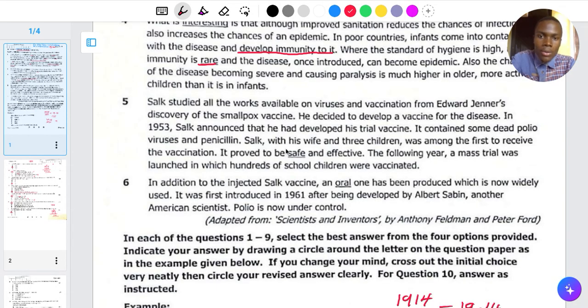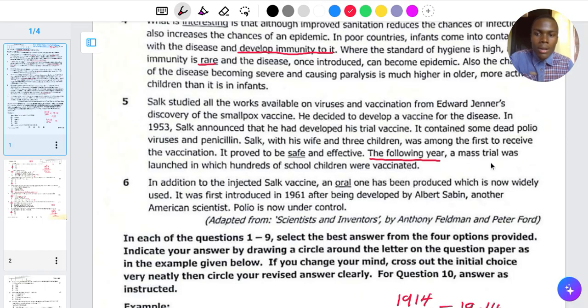Salk, with his wife and 3 children, was among the first to receive the vaccination. It proved to be safe and effective. The following year, so according to this statement, he announced in 1953, then the following year. So the following year from 1953 is what? It's 1954.